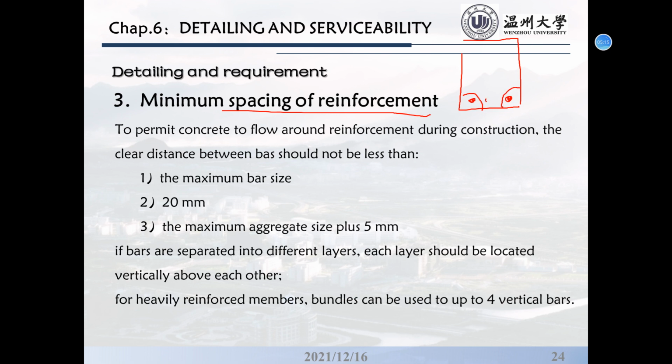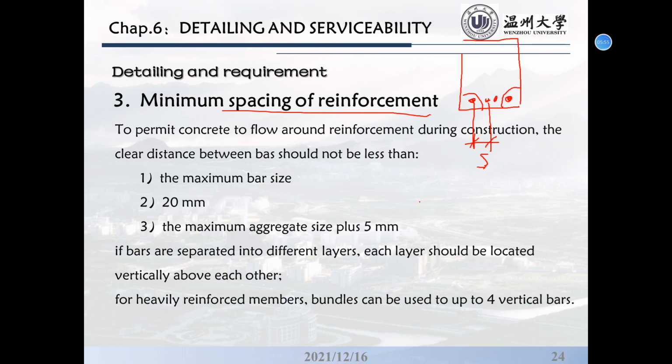But if here we have 4 or more steel bars, does this spacing S have a limit or not? Yes, the code points it out, because the spacing of the reinforcement will affect some things, so we give suggested values for construction, to permit concrete to flow.